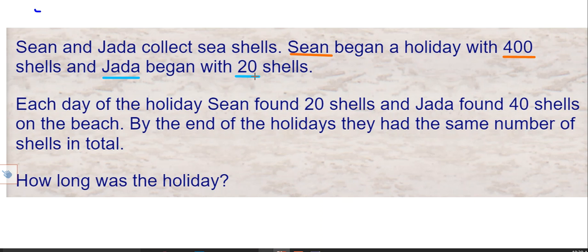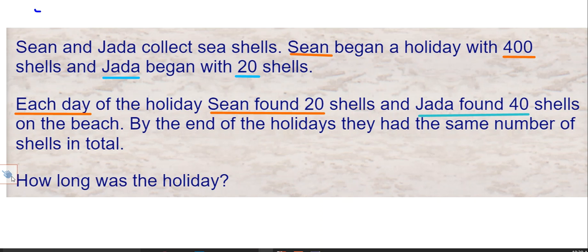All right. Now, the other thing we know is that each day, Sean found 20 shells every day. Okay. But then what we've got is Jada found 40 shells every day.